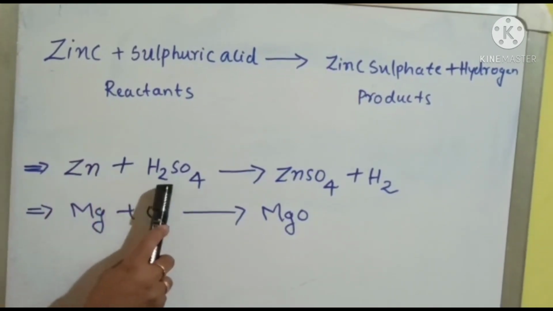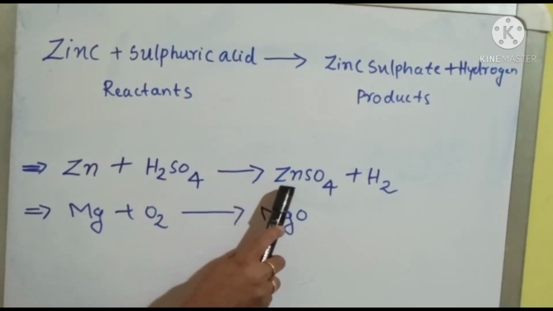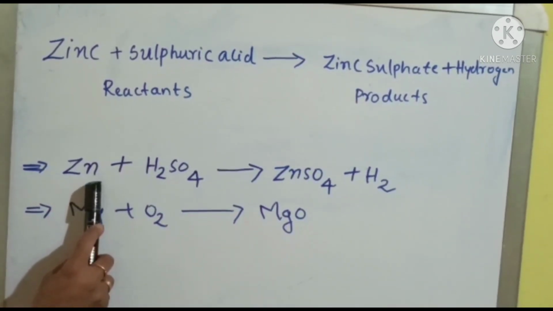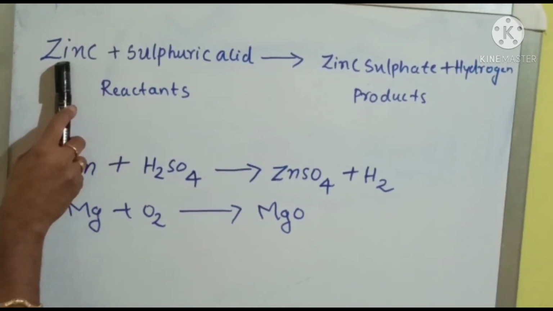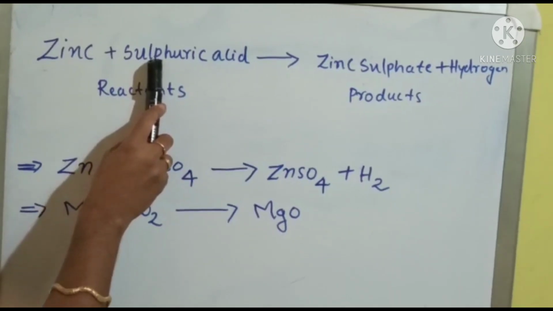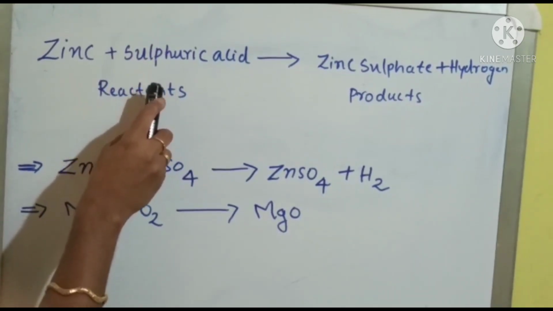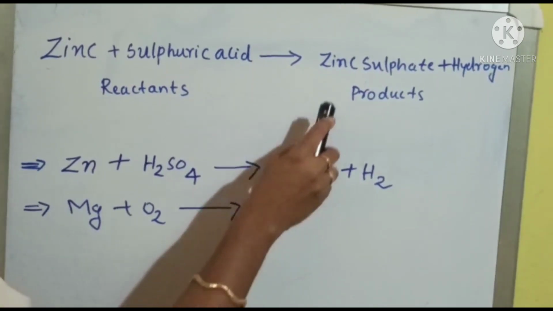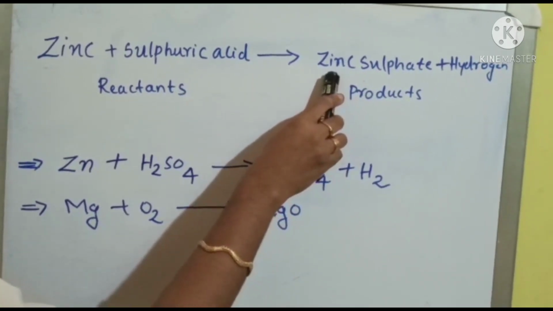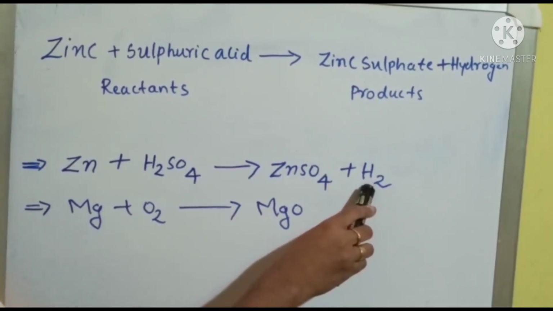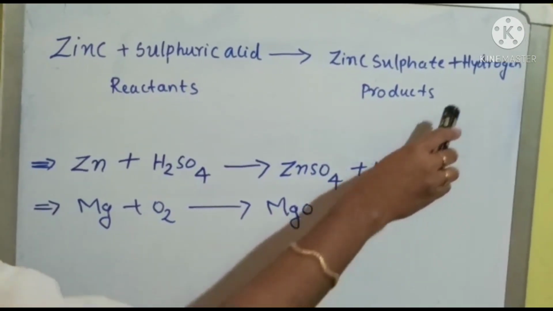Zn plus H2SO4 gives ZnSO4 plus H2. Zn is the symbol of zinc. H2SO4 is the chemical formula of sulfuric acid. ZnSO4 is the chemical formula of zinc sulfate. And H2. H is the symbol of hydrogen.